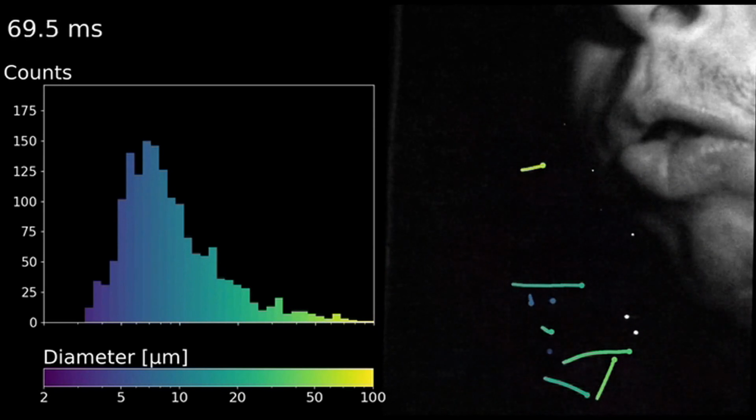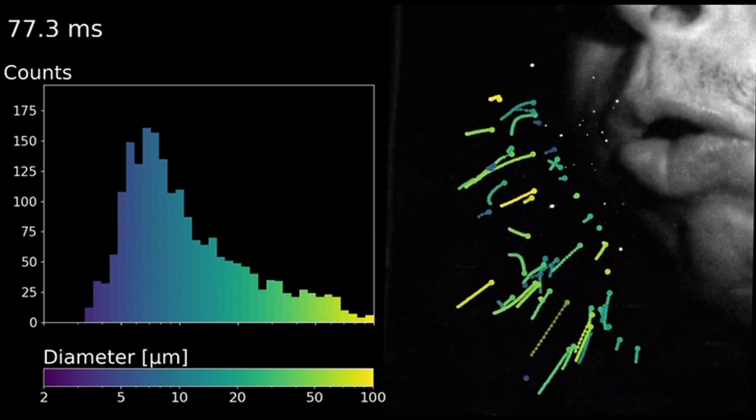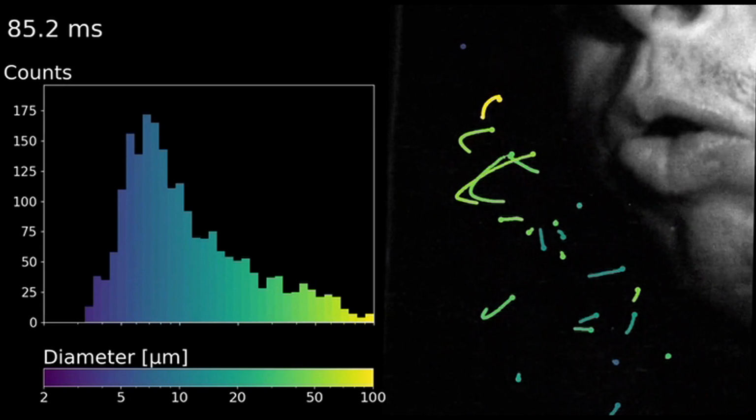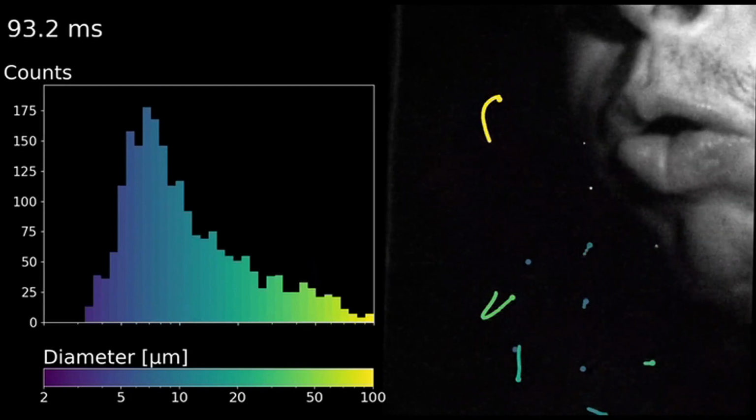In this example of coughing, the larger number of droplets have a diameter between 7 and 10 microns.